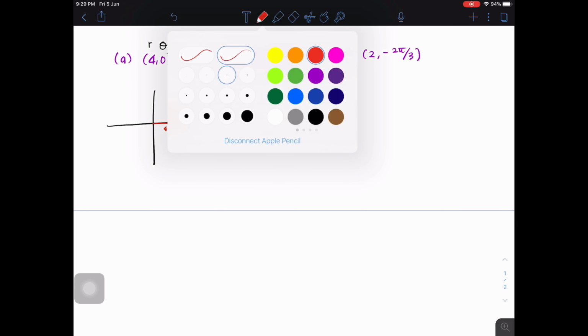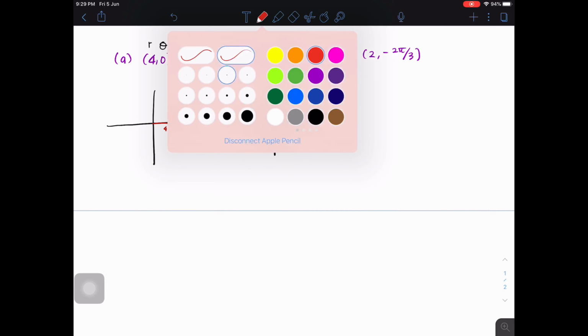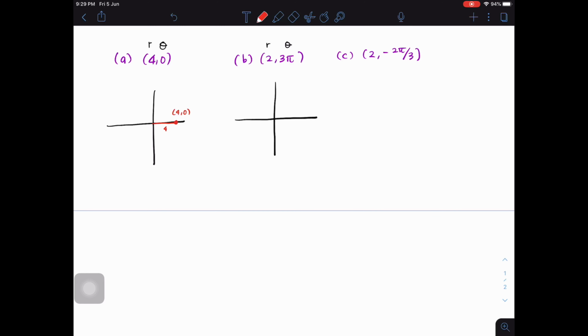For the second point, if you want to plot it in the polar coordinate system, you know that from the pole to the point you have a distance 2 and your theta is 3 pi. 1 pi is equal to 180. Now your theta is a positive value, therefore it is directed counterclockwise. So let's direct our theta first. We start here from our polar axis.